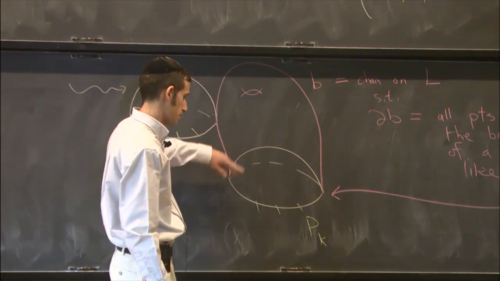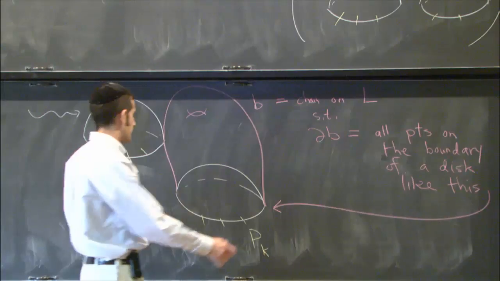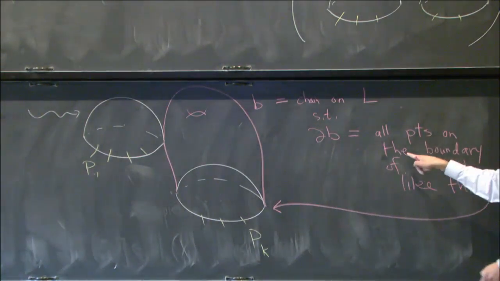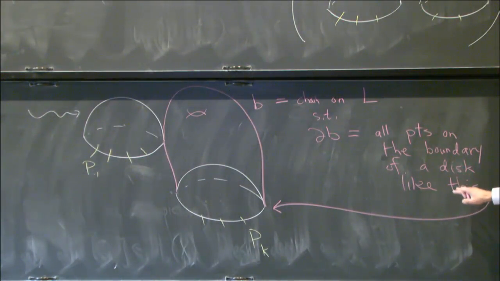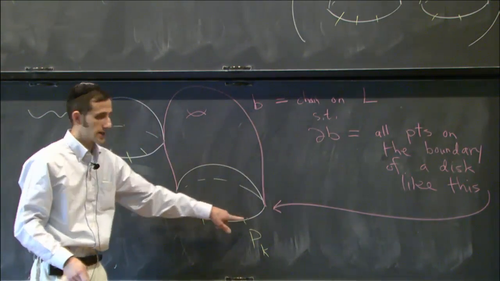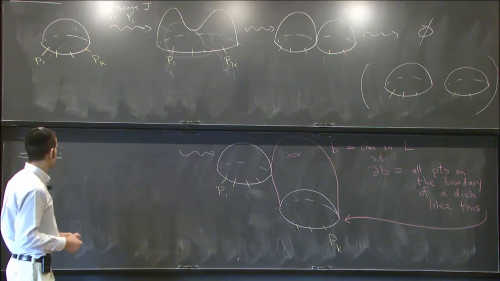But it could also be some kind of middle dimensional cycle. And then you want to choose a chain on L which has its boundary equal to all the points on the boundary of all possible disks passing through the constraints on, say, one side of this bubbled thing.